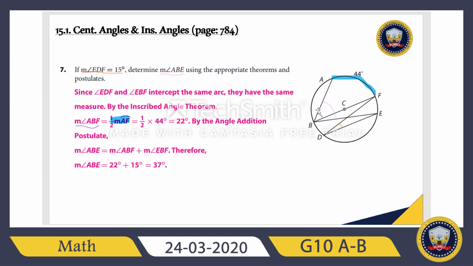It is ABF plus the angle FBE. We previously said that FBE equals FDE, and it should be 15, so this small one is 15, and we found this to be 22, so the total is 22 plus 15. ABF plus FBE gives you ABE. So 22 plus 15 is 37 degrees.